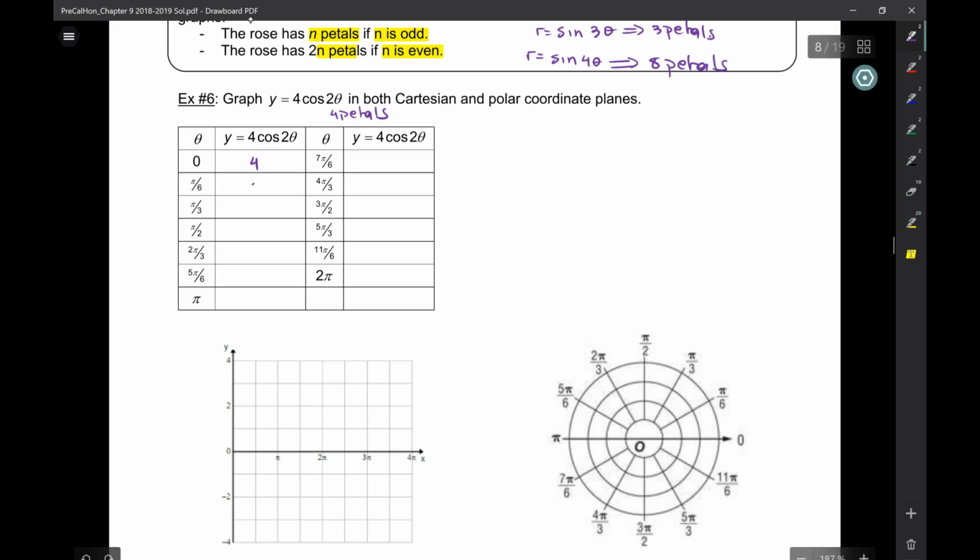Okay, so it's 2, negative 2, negative 4, negative 2, 2, 4. At 7 pi over 6, it's 2, 4 pi over 3, negative 2, negative 4 at 3 pi over 2, then negative 2, 2, and 4.